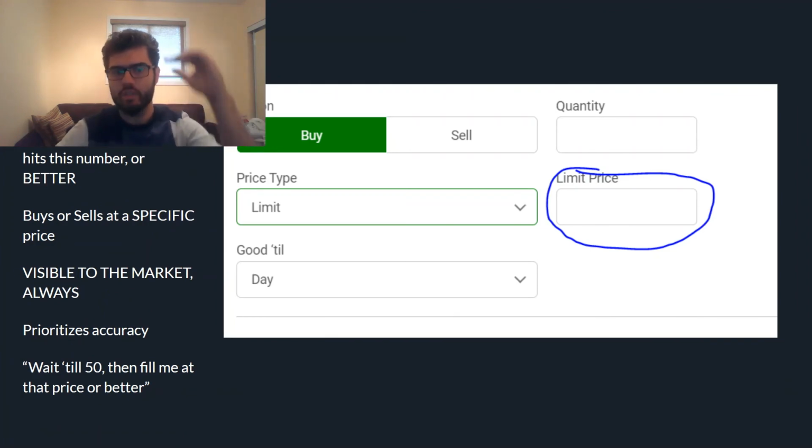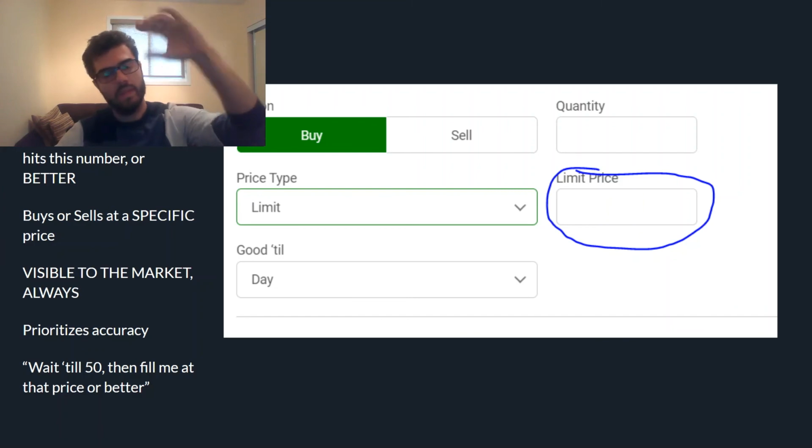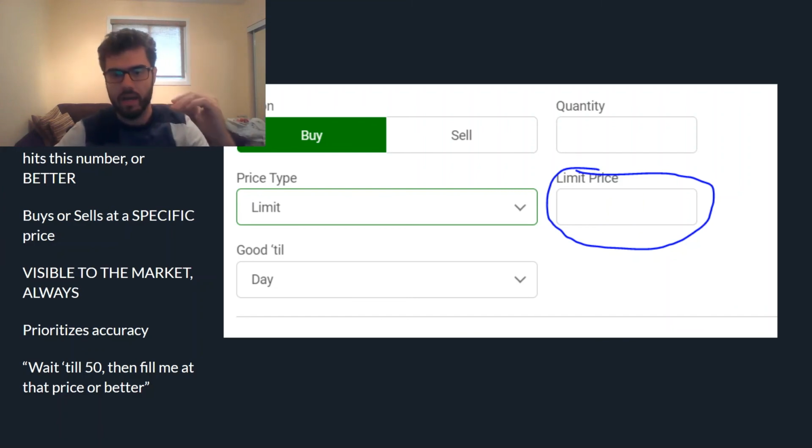If it's a limit, it's going to fill you at that price or better. But if it jumps up higher or lower, if you're selling, it's not going to fill you anymore, right? So it's going to wait until it goes back to the limit price, and you don't have to keep adjusting it. It's going to fluctuate, and as long as it's hitting that limit price and filling your quantity, you're set to go.